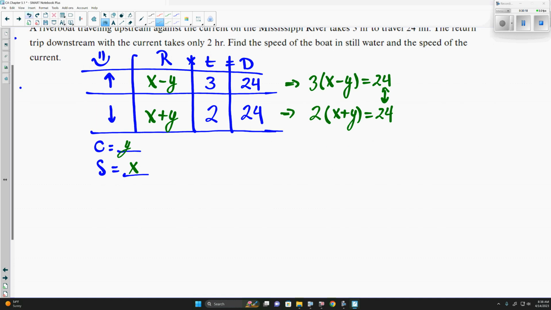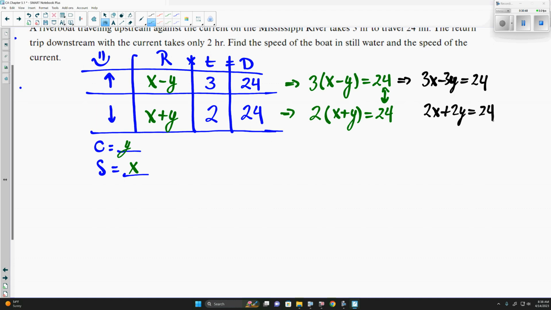Because setting them equal to each other would be very helpful if we had one variable. Here we have 2. So the first thing we'll actually need to do is multiply these out. So 3x minus 3y is equal to 24. Here we have 2x plus 2y is equal to 24.